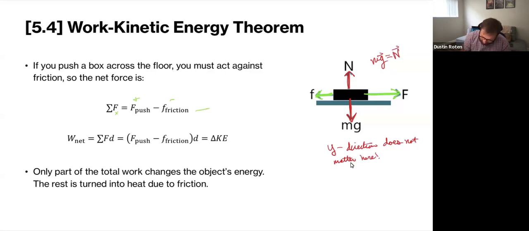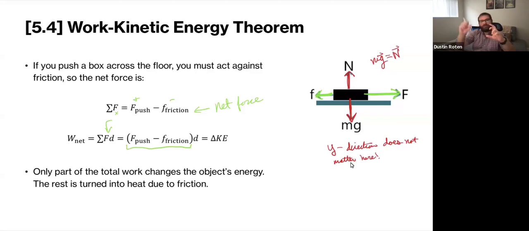Well, this is our net force, which means that's what's going to be considered in the work kinetic energy theorem. So when we plug it in, we have the difference of these two forces.